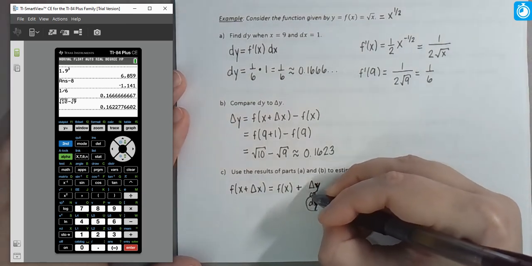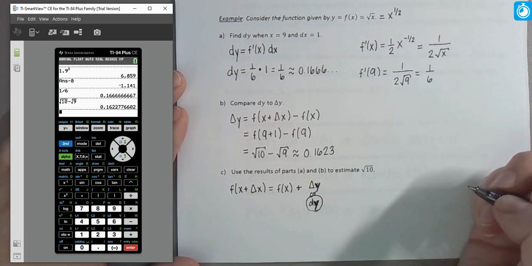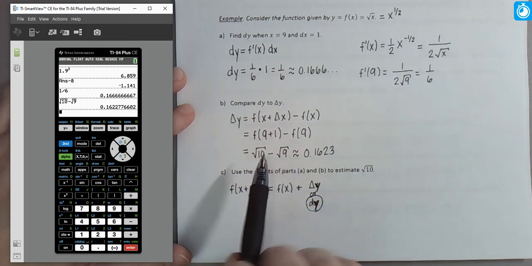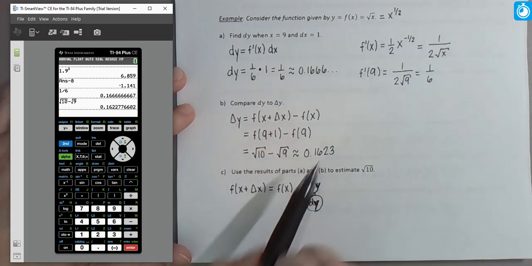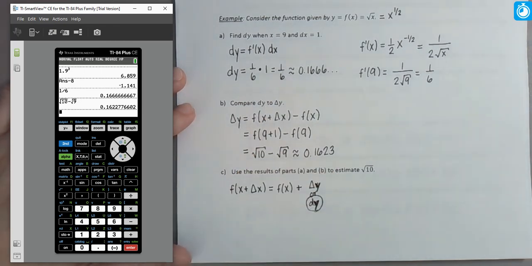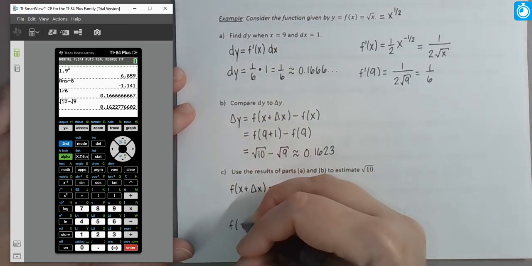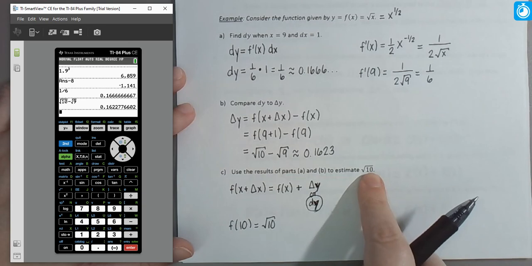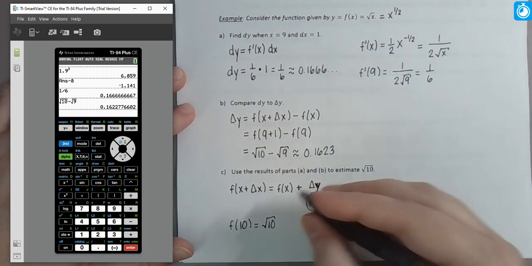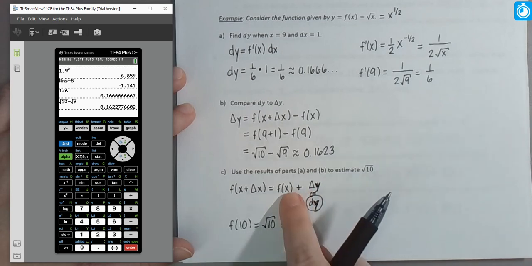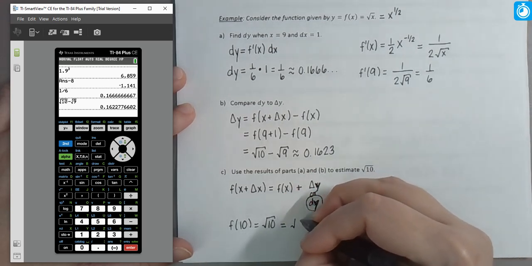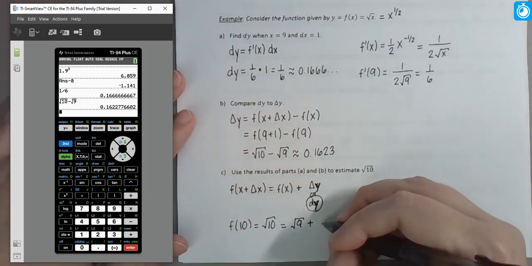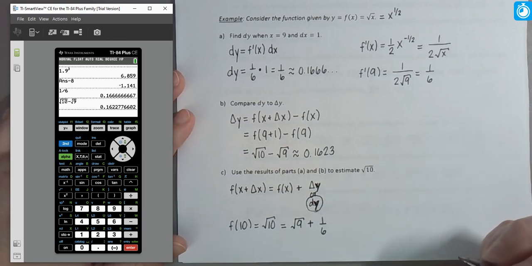The approximation using the derivative is going to be more accurate in this case, because notice, 1/6 doesn't require any rounding, whereas root 10 minus root 9 as an approximation automatically required rounding. So f of 10, which is the square root of 10, which is what we want to estimate, we're going to estimate as f of x, which is the square root of 9, plus that amount of change, which was 1/6.